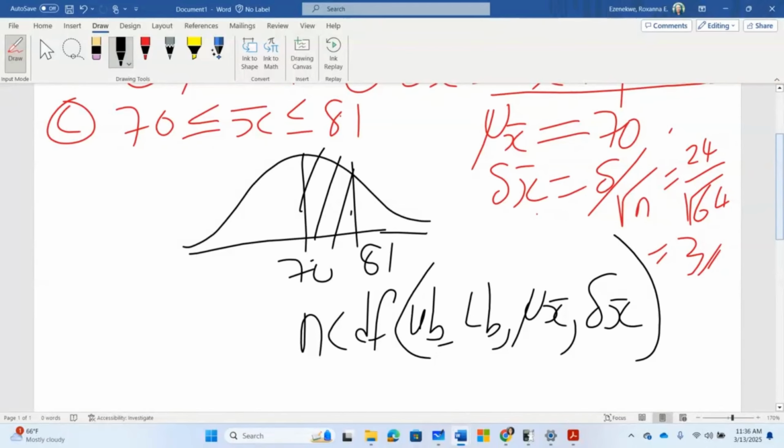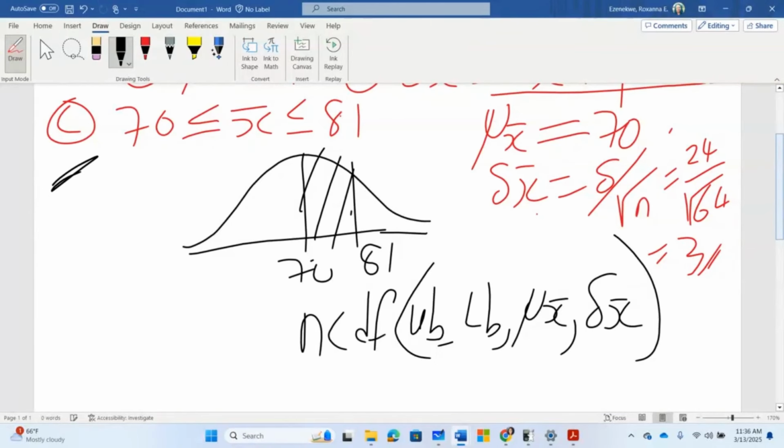Whenever you're told to find the area under the central limit theorem, you will use the mu x bar and the standard error. The only thing new there is the standard error, because the mu x bar is the same thing as the mean of the original data. So there will be no change, but there is going to be a change with the standard deviation.